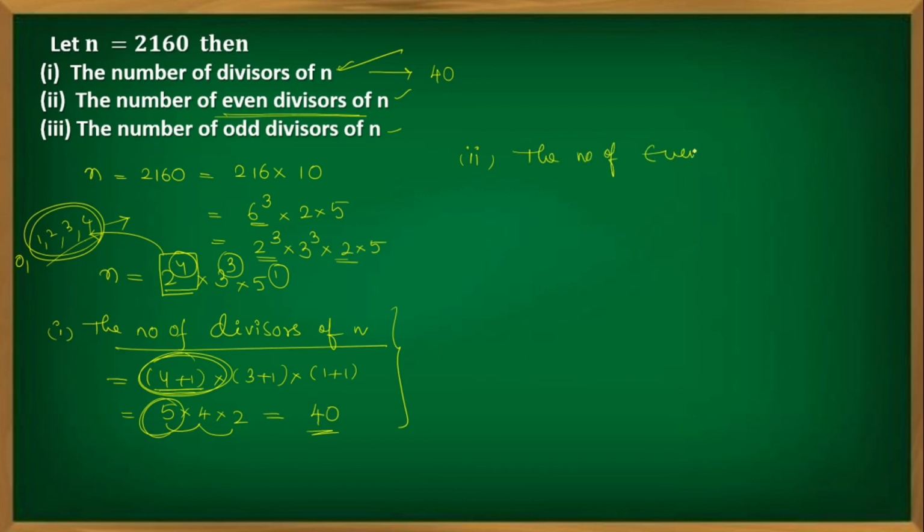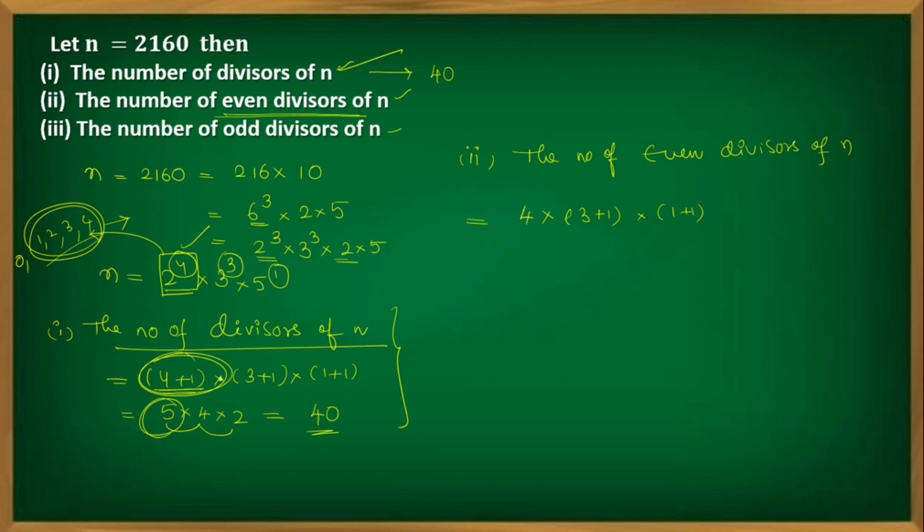So therefore the number of even divisors of n is what? So how many ways you can select twos? 4 ways, into 3's are 3 plus 1 again. So for 3 there is no problem, right? And for 5 we have 1 plus 1 ways.